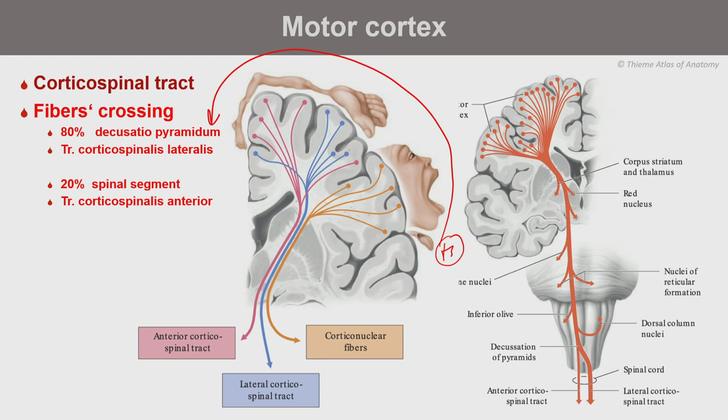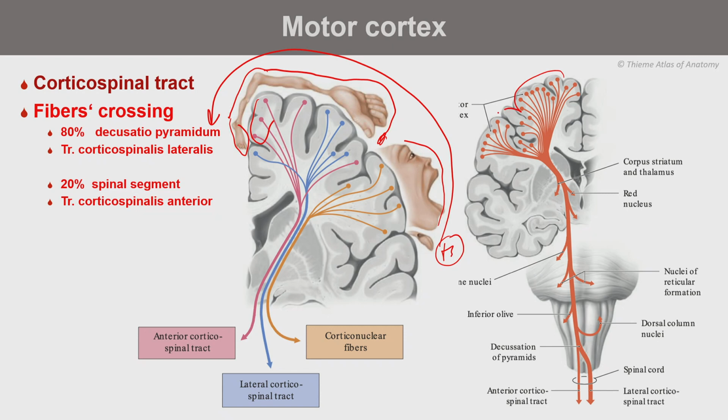So the tongue is the base, and then it is face, frons, thumb, hand, arm, trunk, lower extremity, thighs, and the foot is the last, which is on the medial part of the precentral cortex.